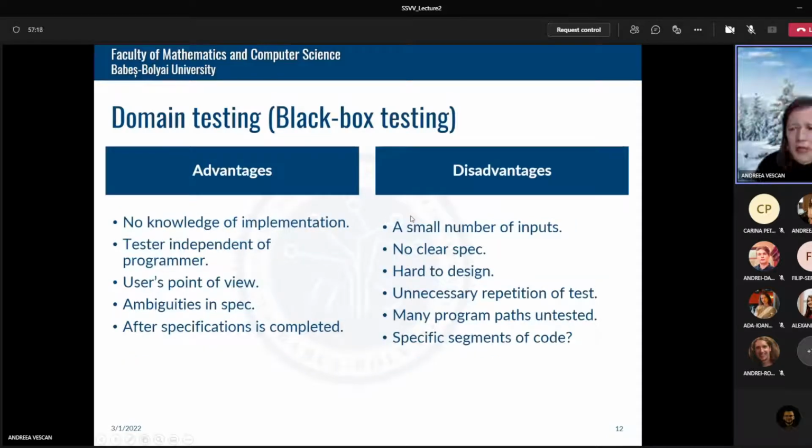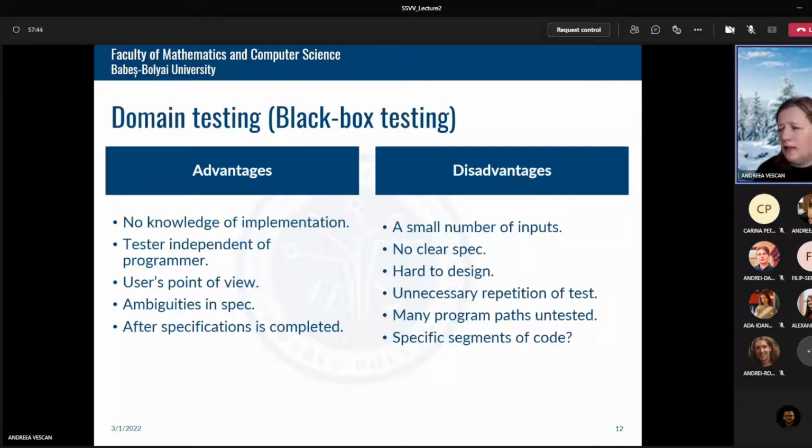Some advantages and disadvantages of using black box testing: we can apply it and design test cases even if we don't have the implementation yet. The person who designs the test cases is independent of the programmer, it's some other person.